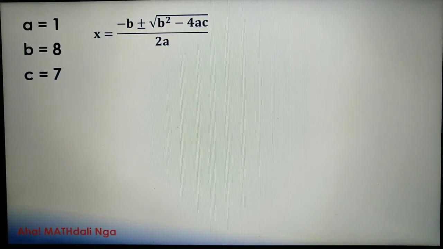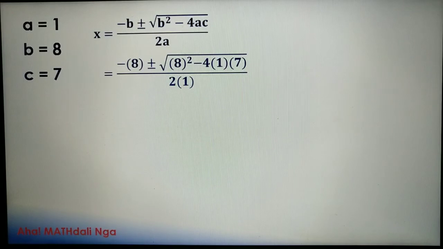By substitution, we have negative times positive 8 plus or minus the square root of 8 squared minus 4 times our a is 1 times our c is 7, all over 2 times our a, 1.